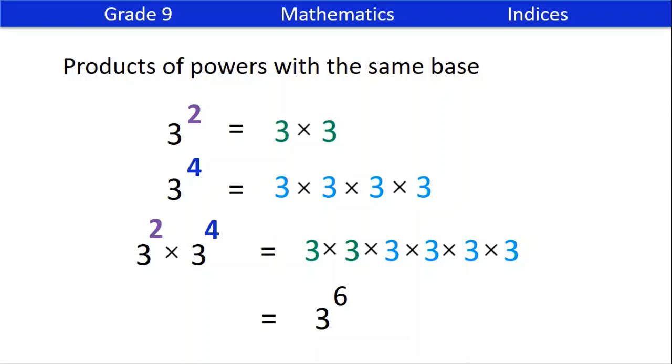And guys, with this, there is some special thing you need to note down. That is, this index 6 is actually equal to the sum of the two indices of the two powers. That means this 6 is equal to 2 plus 4, the sum of the two indices of the two powers which we multiplied initially.